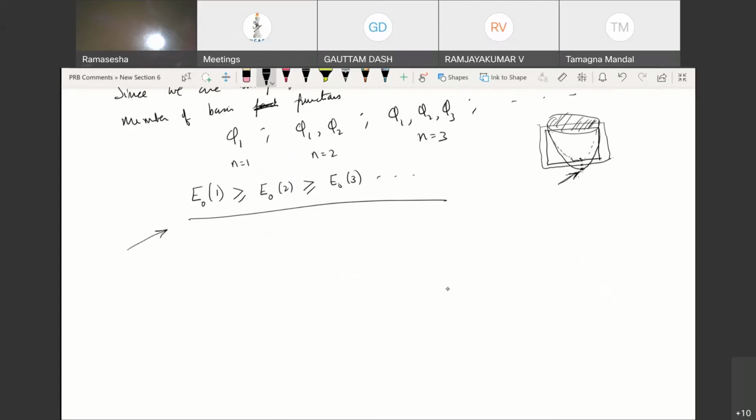This is the way you get, for a one-particle problem, a three-particle problem, or any other one, and obtain the extreme value.